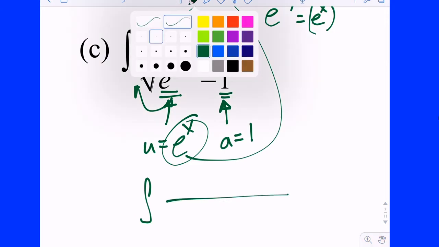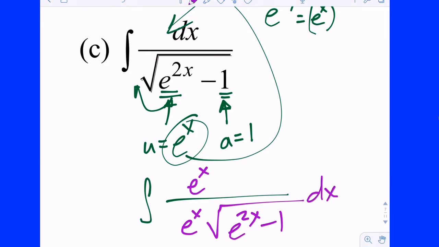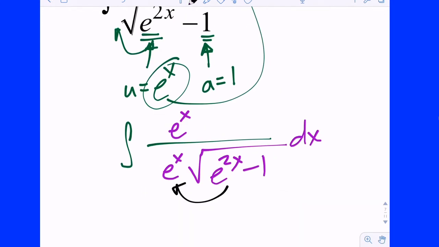Okay. Well, just like before, we can multiply by e to the x out front, which is a variable function, as long as we multiply by the same thing in the numerator. Now that right there is the proverbial two birds with one stone, right? Because now we have exactly what we need out front, and what's the derivative of e to the x?